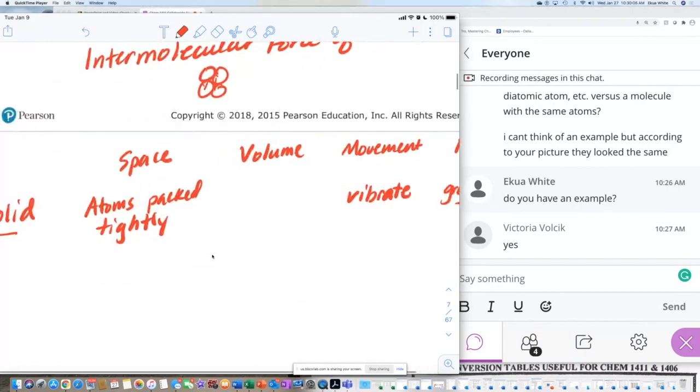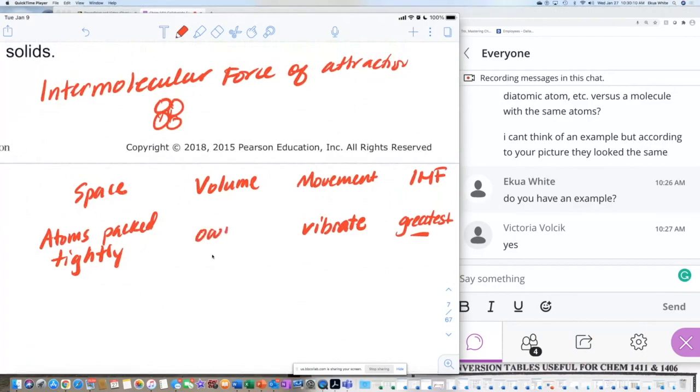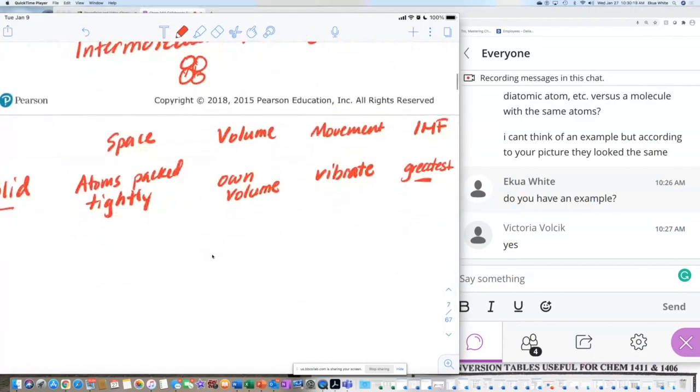Due to the solids having a high intermolecular force, they're able to have their own volume. They have their own volume and then they have their own shape. So I'll say here volume, yeah. For liquids, I'll say atoms are close together.